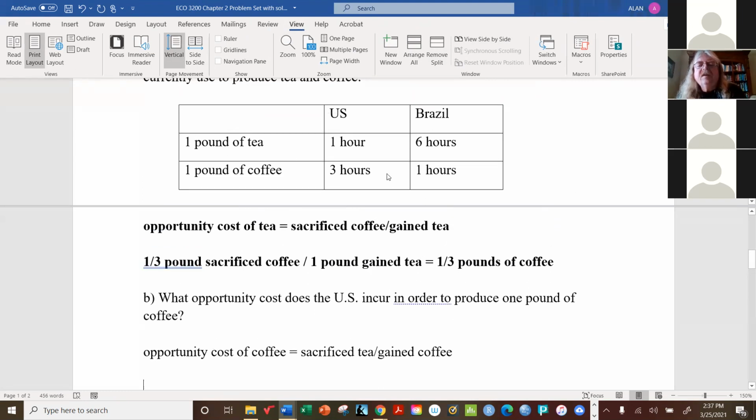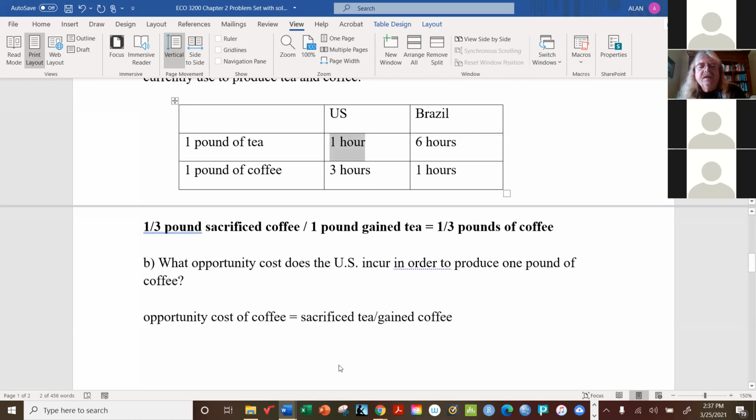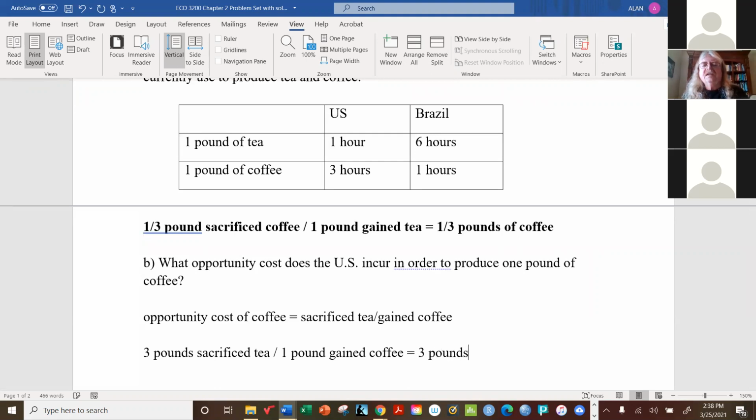And by doing so, we're giving up the opportunity to produce 3 pounds of tea, right? So the 3 hours that we are using to make coffee could have been used to make 3 pounds of tea because each pound of tea only takes an hour. So in this case, we're looking at 3 pounds of sacrificed tea divided by 1 pound of gained coffee equals 3 pounds of tea.